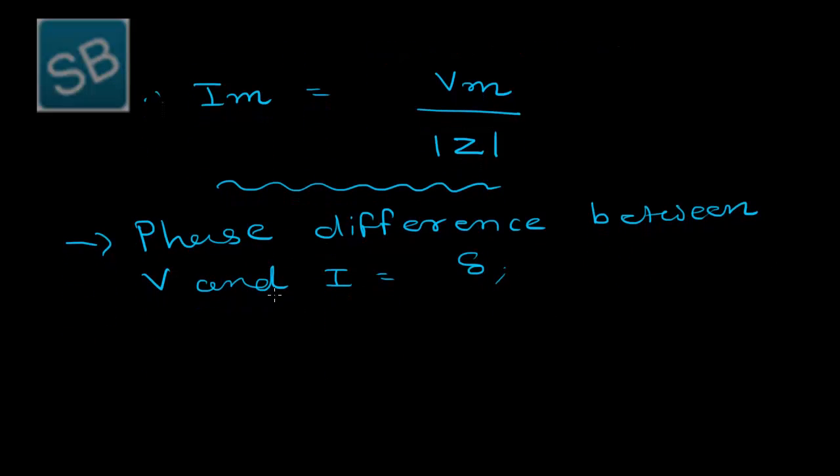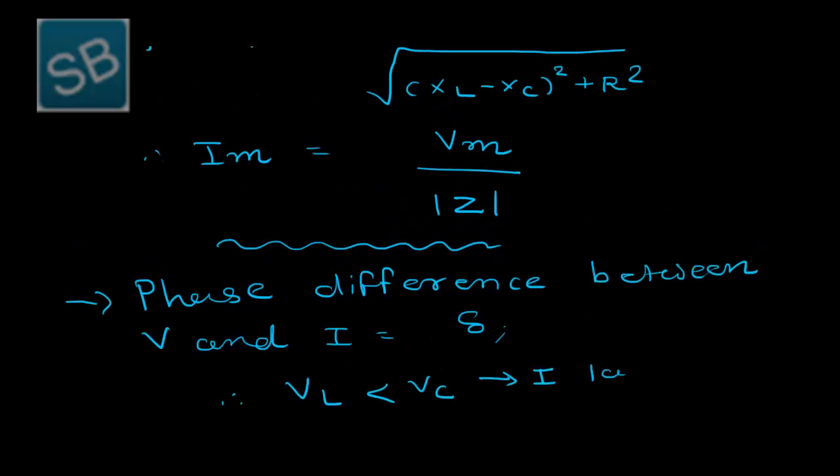Therefore if VL is less than VC, then the current is leading, because VL is less than VC.